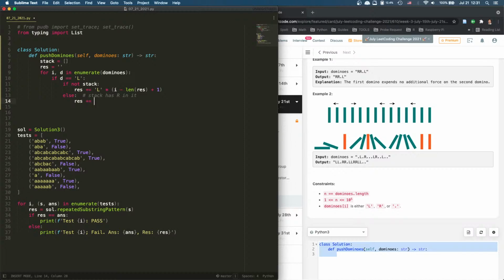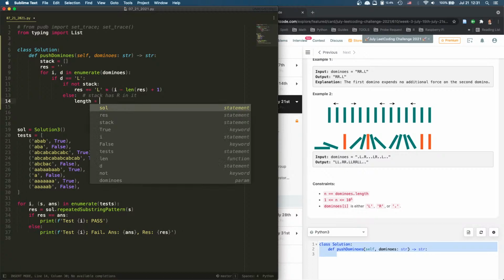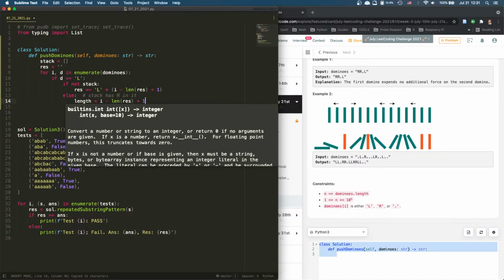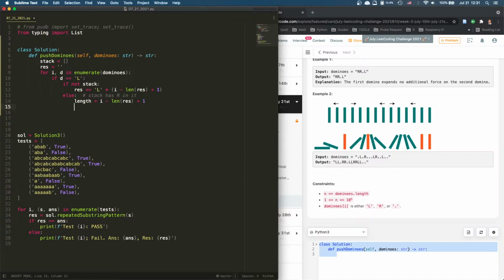All right, so now we have that. So len rest minus 1, we get the index. So we know how many we have, right? And then we're just going to divide it by 2, right? So the length is going to equal to i minus, oh, the length is the same, right? That's the length that we need to populate.